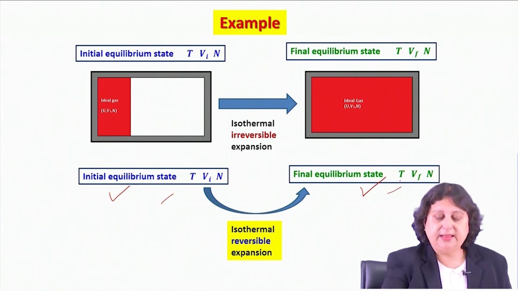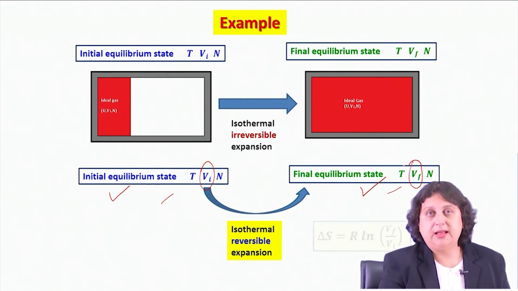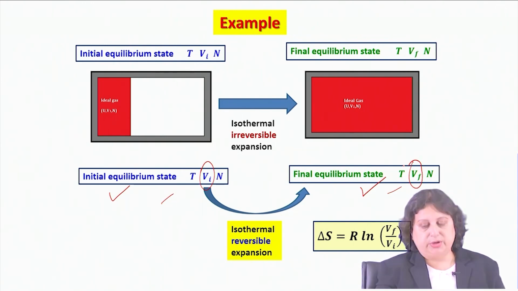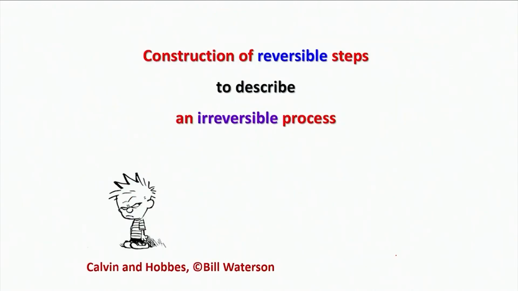So here the only thing that changed is the volume under isothermal condition, and therefore I can immediately write for 1 mole of this ideal gas, delta S is going to be R ln Vfinal by Vinitial. Is that clear?